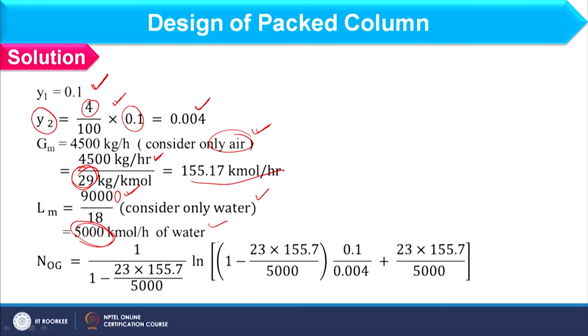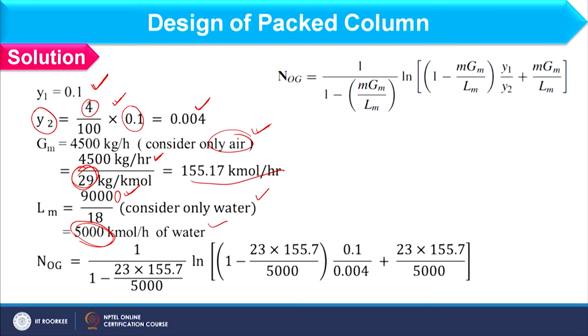Now we have all values to find out NOG. If you focus on the expression for NOG, it is like this, where m is given as 23, Gm and Lm values I have already calculated, and Y1 and Y2 you know already. So, considering this expression I can put the values of all parameters into this, and it is shown over here.